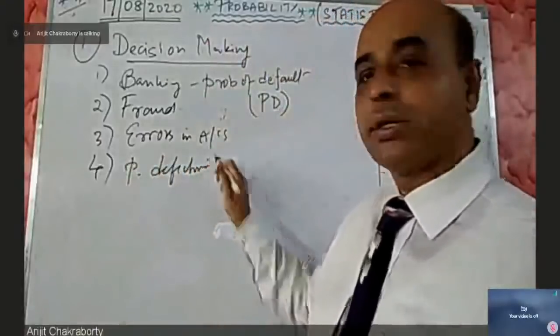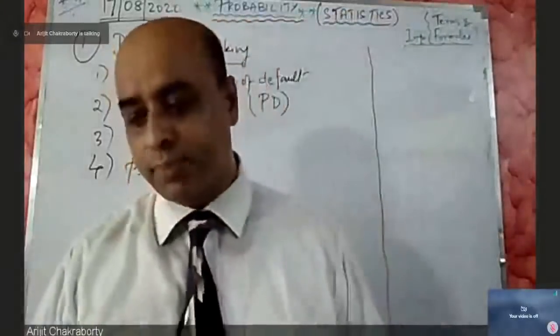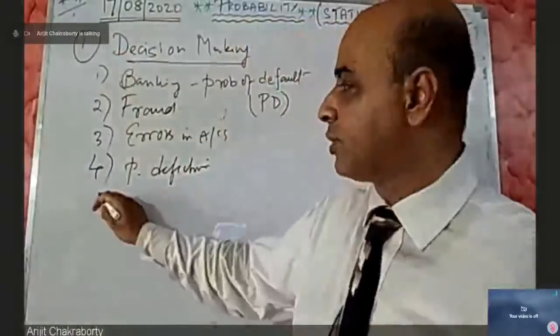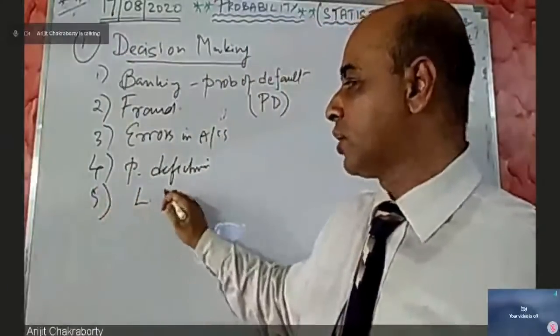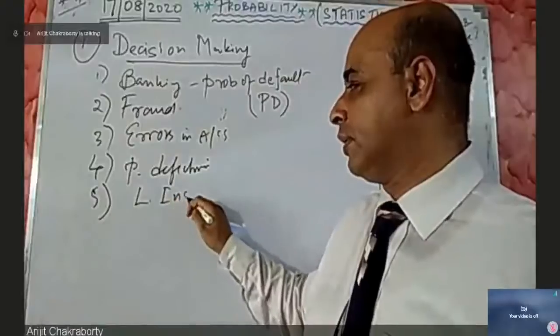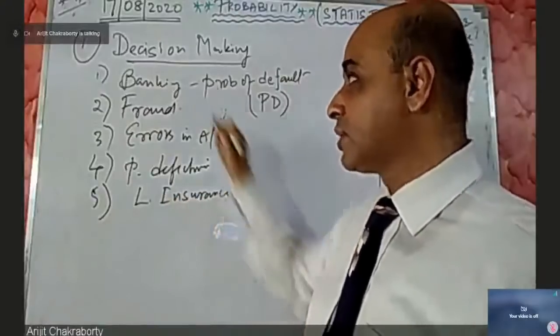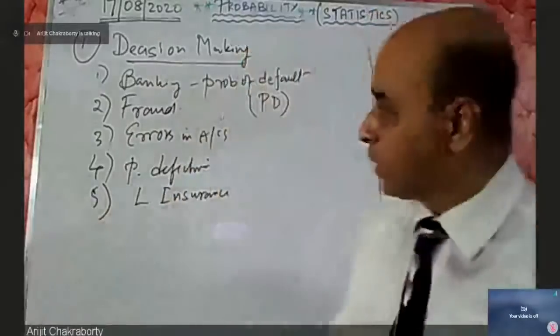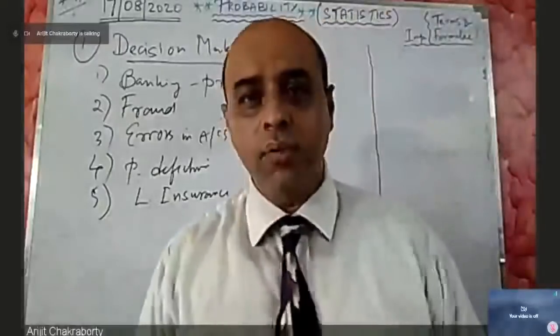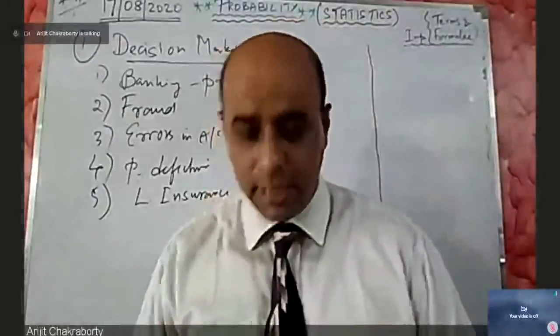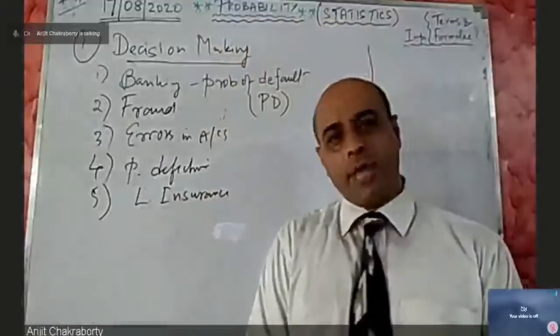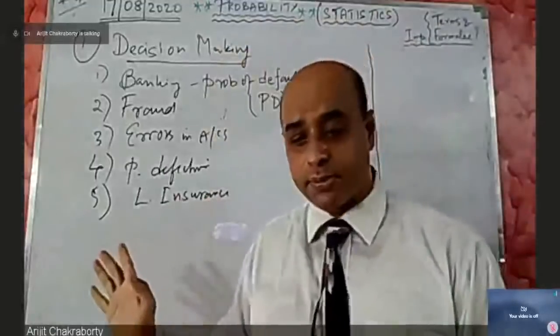This is very important and used in all manufacturing companies. Now we come to number 5, life insurance. Please see the different areas where probability is used. So you understand why I said that this is a very, very important chapter and a very practical chapter.